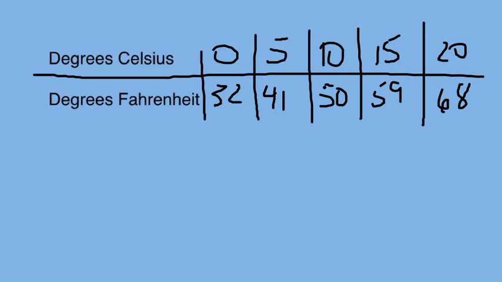Let's look at this table comparing Celsius to Fahrenheit, and we're going to see if we have a constant rate, and if we do, if we have a proportion also. So as we can tell, each time we're adding 5 to the Celsius.